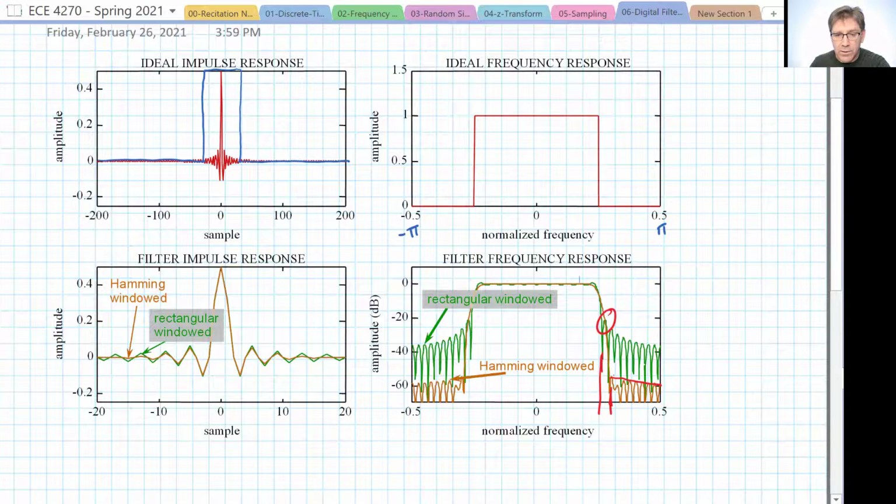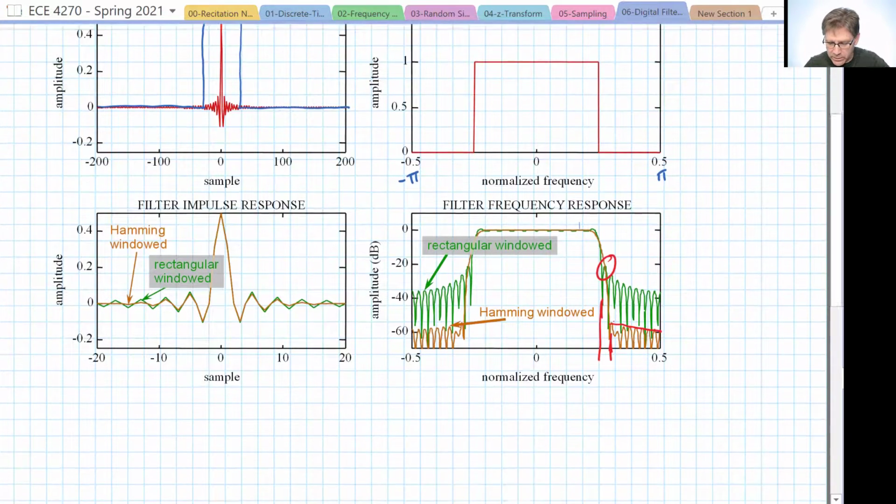We'll actually run into window designs again when we do the DFT and some types of frequency analysis. But the long and the short of it is, if you have an ideal frequency response, find your ideal impulse response, multiply it by a window such as the Hamming window, and you'll have what you like.